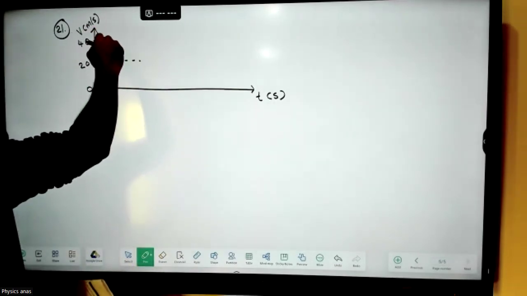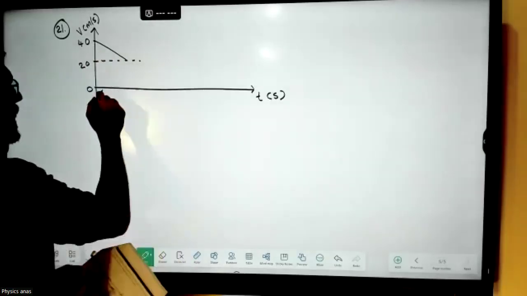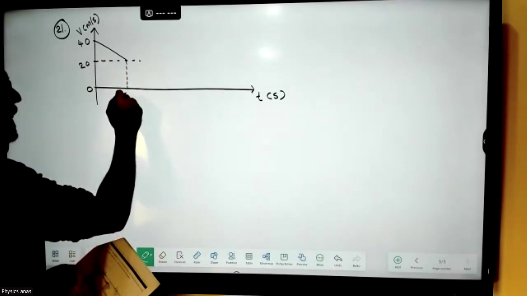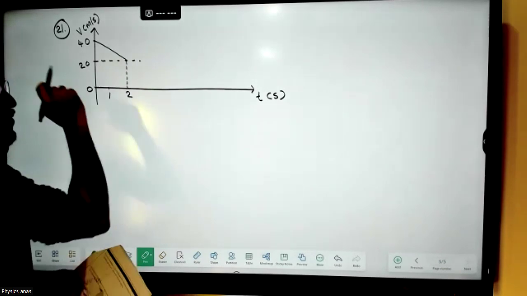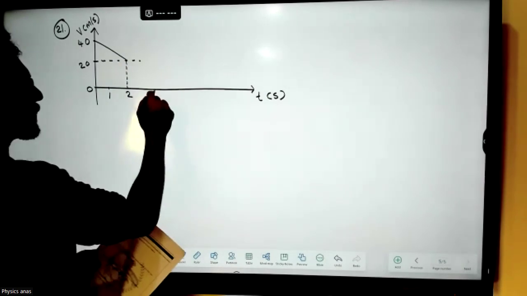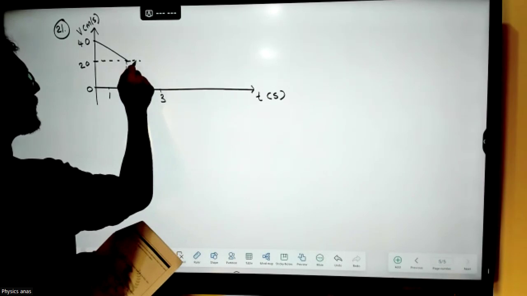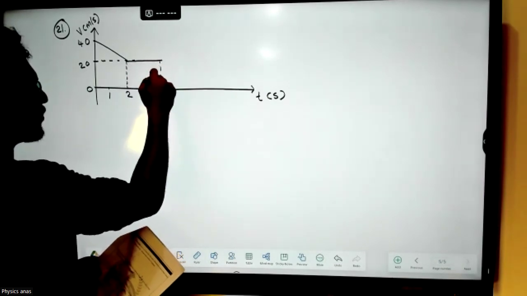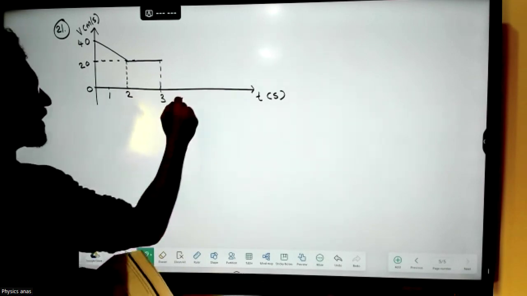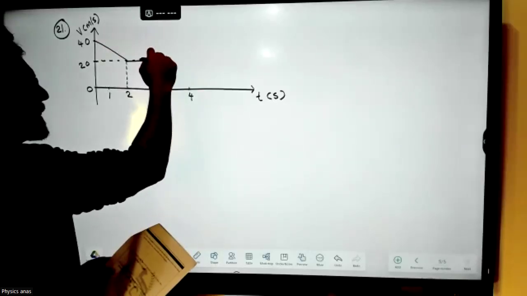The graph has a negative slope like this. And at the negative slope, you will get a time of 2 seconds. So here you have 1. From 2 to 3, there is no change in velocity. Velocity is not changing from 2 to 3. From 3 to 4, the velocity is decreasing.